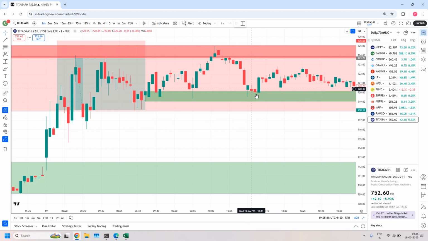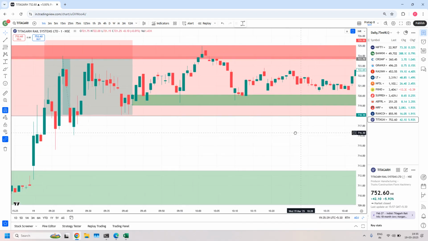Maybe if you did not book your profit here, let us assume you missed it, if you did not realize this is a high liquidity zone after the first time it reached, maybe after prices moved further, you have to realize. Whatever profit you are getting, next time when it reaches here, you should book the profit.